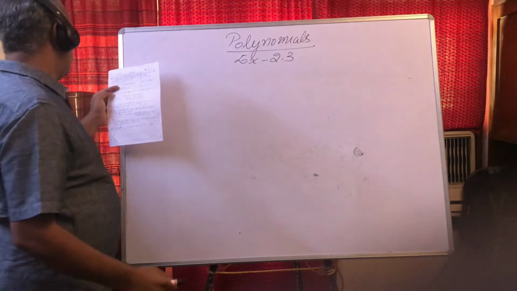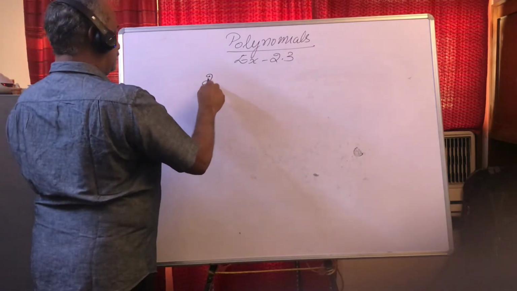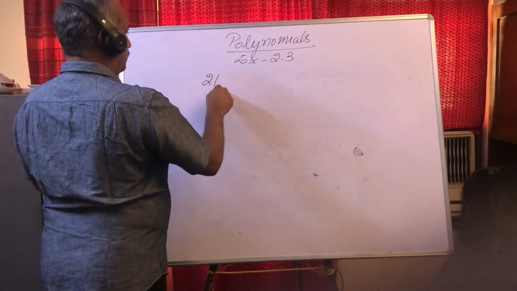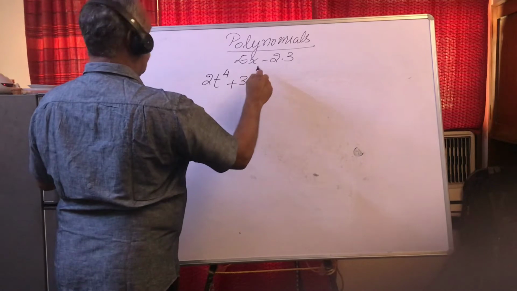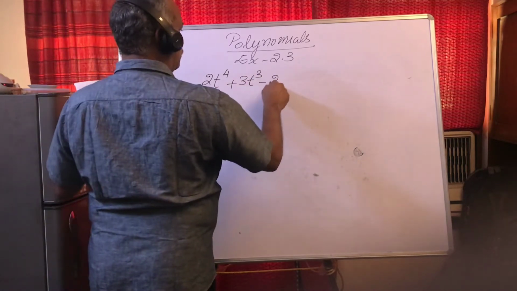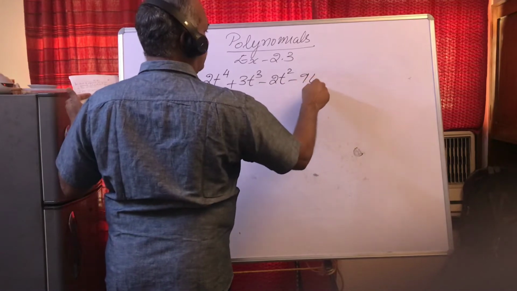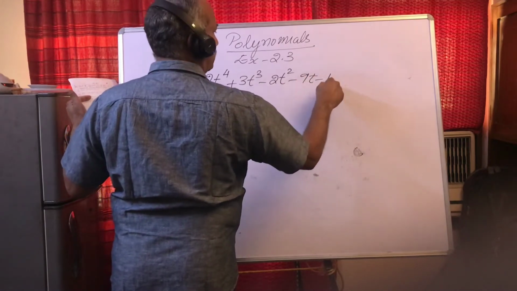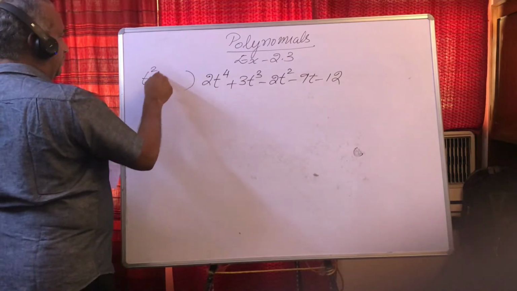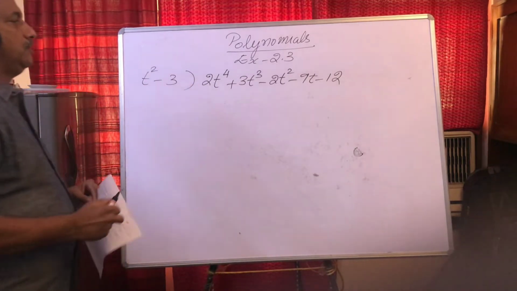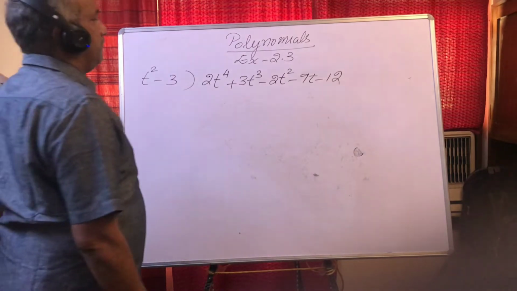So second question, first part, that is 2t raised to 4 plus 3t cube minus 2t square minus 9t minus 12 divided by t square minus 3. Now we are asked to divide this polynomial and check whether it is a factor or not.